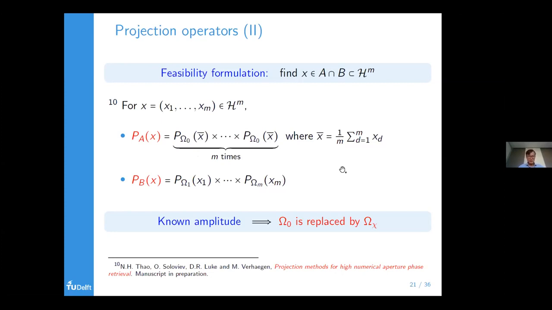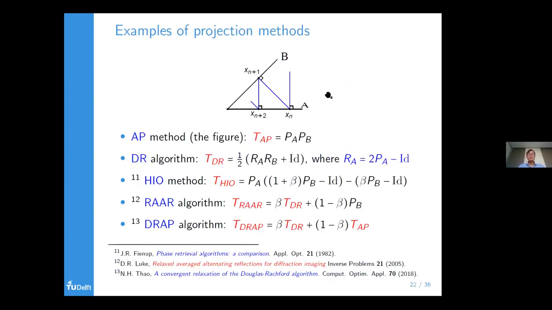So from now we can implement any projection method for this problem. It's widely known that projection methods are the most efficient class of algorithms for scalar phase retrieval. And in this study, we extend them to vector phase retrieval and do the analysis for the first time.